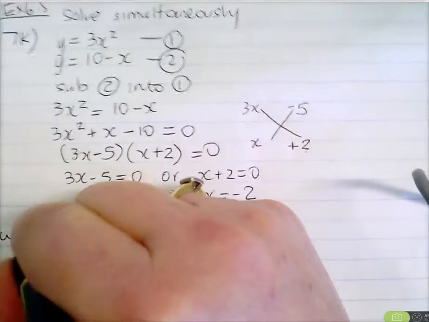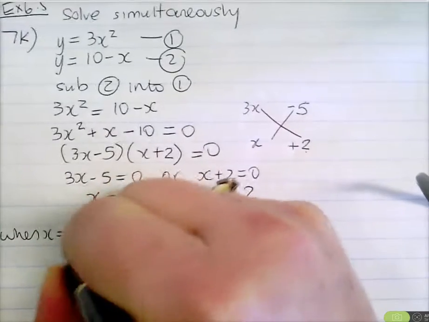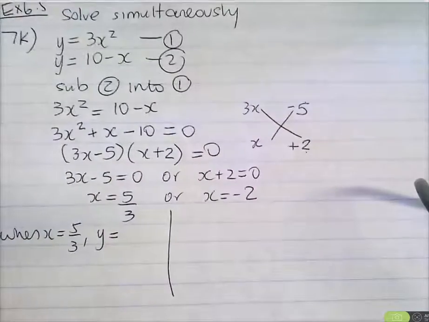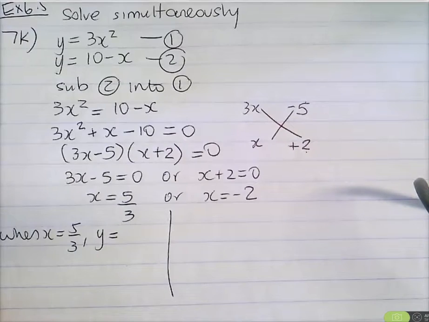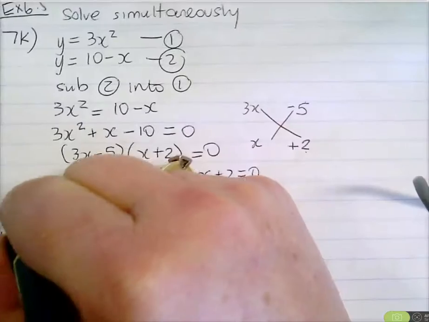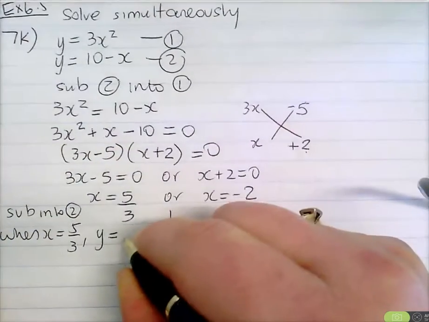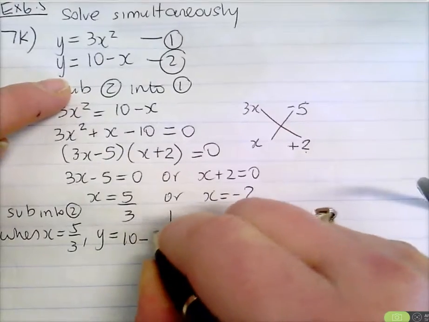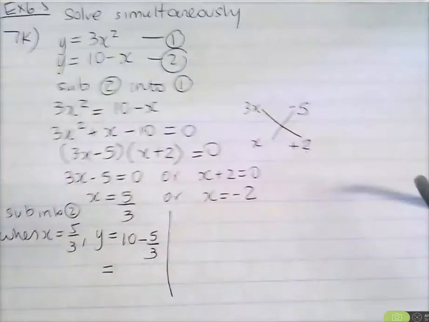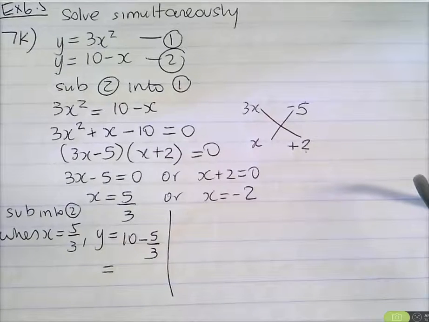So when x equals 5 on 3, y equals, I don't mind which one you substitute it into. All right, you can go sub into 2. So we get y is 10 minus 5 on 3. You can do that on your calculator. That's 10 minus 1 and 2/3.